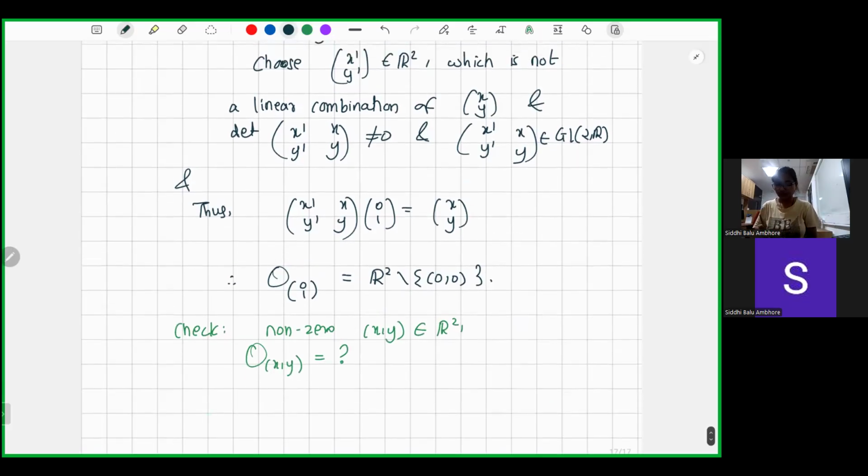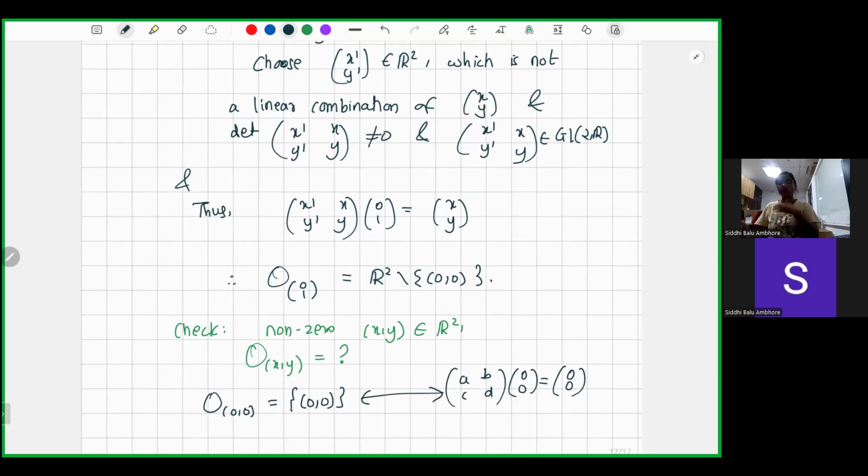And note that the orbit of the element 0, 0 is just 0, 0, because whatever matrix you take, it will always give me 0, 0 as a vector.